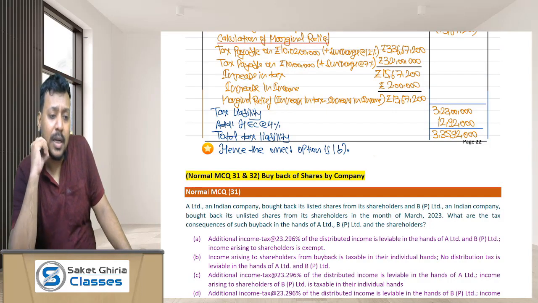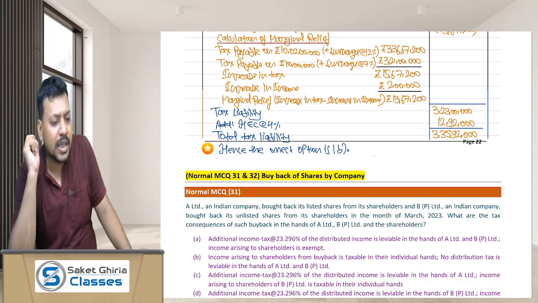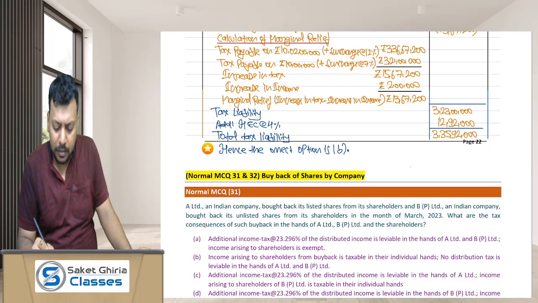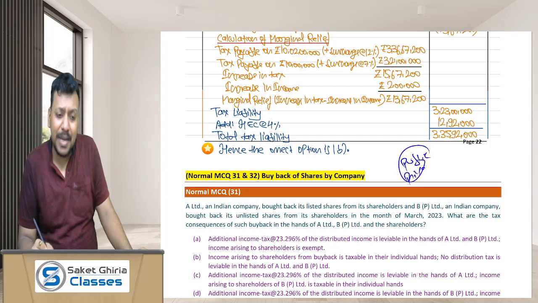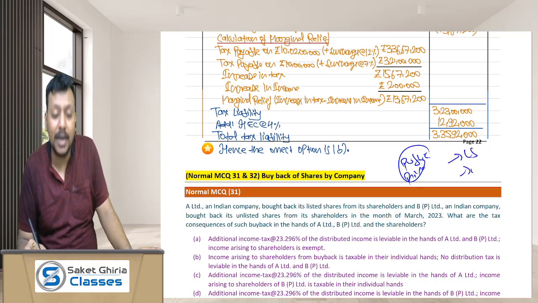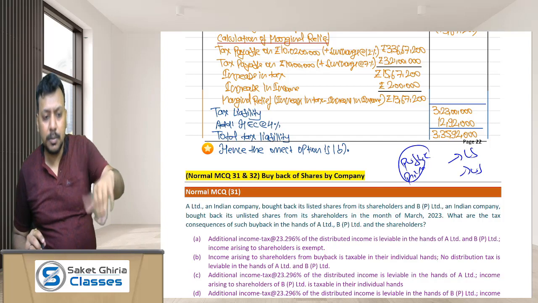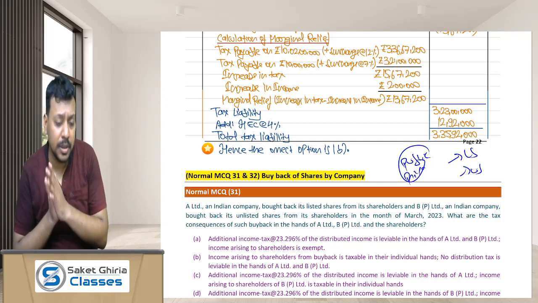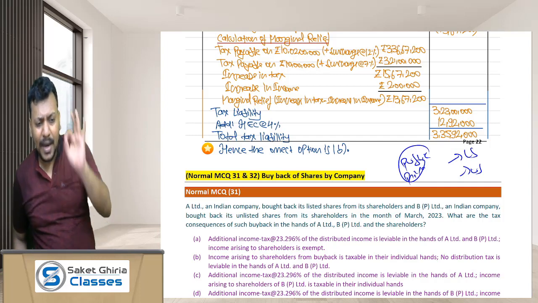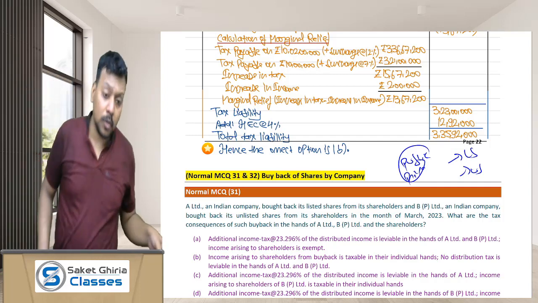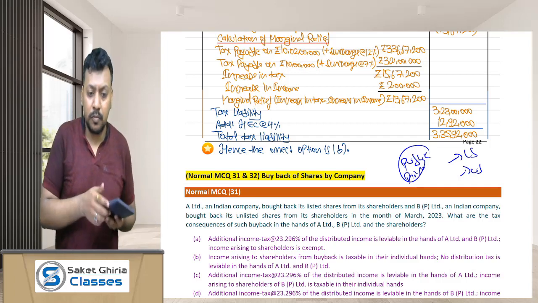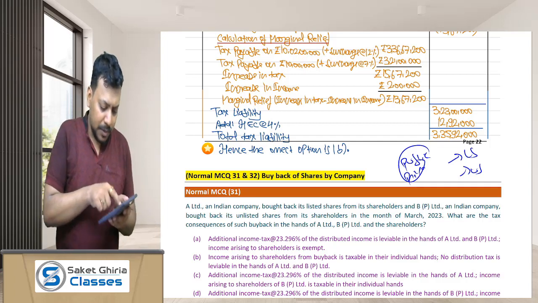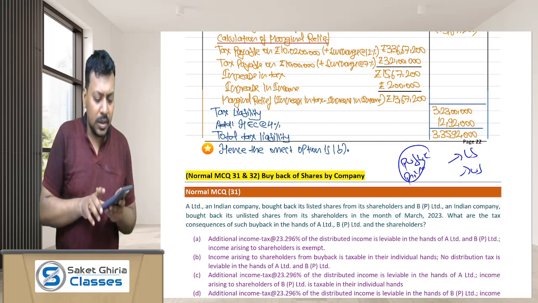Okay, buyback of shares. Dear friends, whenever a domestic company, the company may be a public company or a private company, makes a buyback of its shares, the shares may be listed shares or unlisted shares, then on the amount of the distributed income, that company has to pay an additional income tax at the rate of 20% plus 12% surcharge plus 4% health and education cess. Sir, that means 20% plus 12% plus 4%, at the rate of 23.296%.